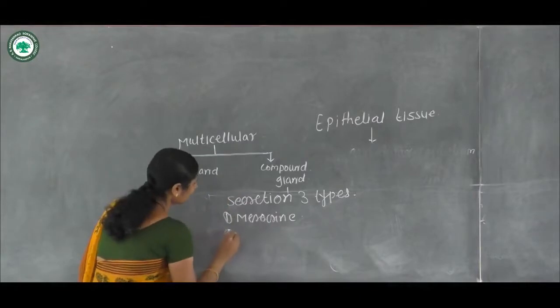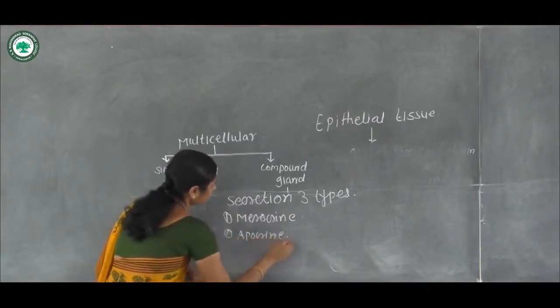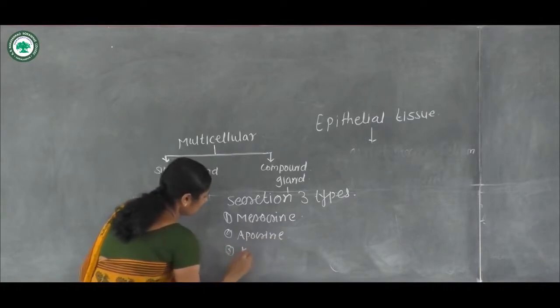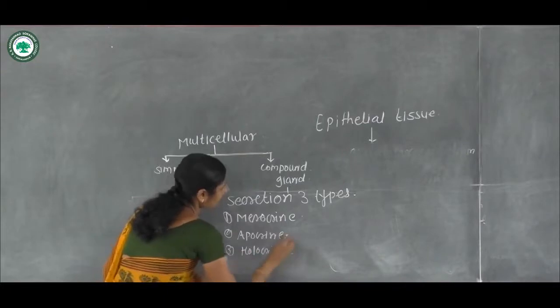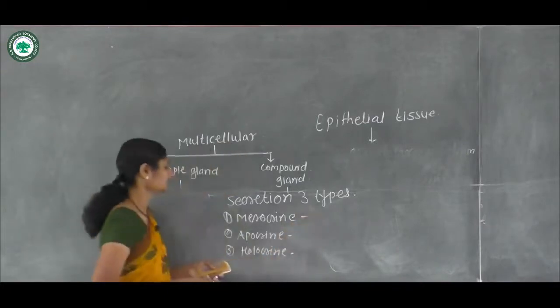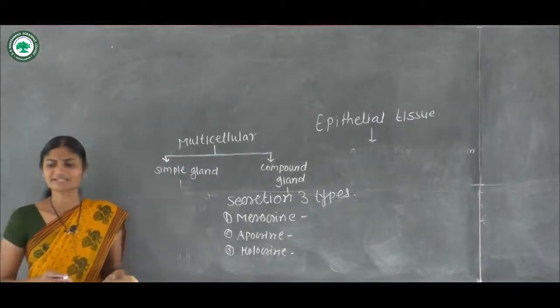Second is the apocrine gland, and third one is the holocrine gland. Apocrine, holocrine and exocrine glands.